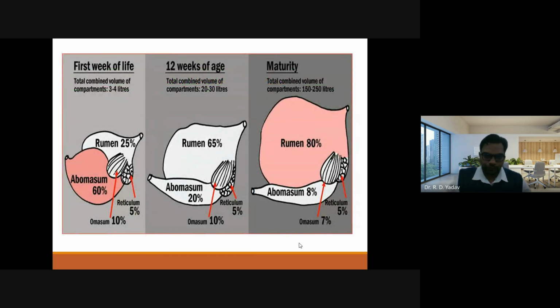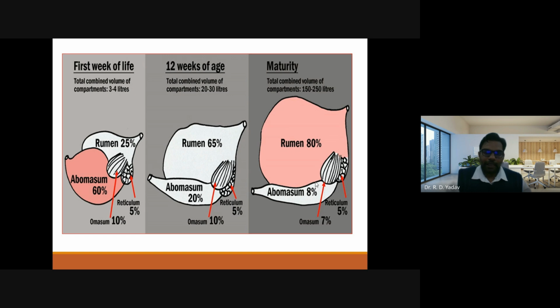If we talk about the rumen, in the first week of life it is only 25%, and at maturity, around 3 months of age, the rumen comprises 80%.